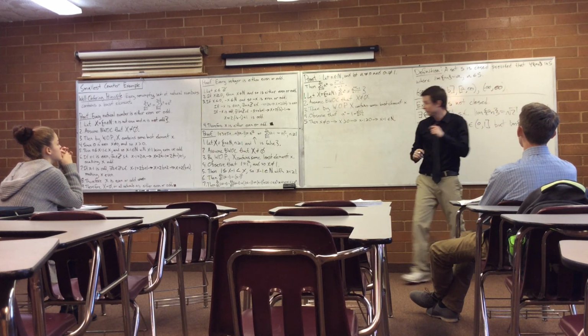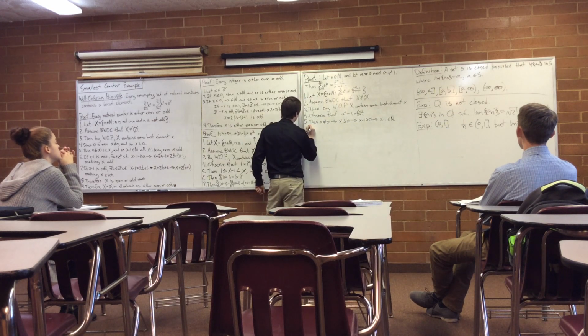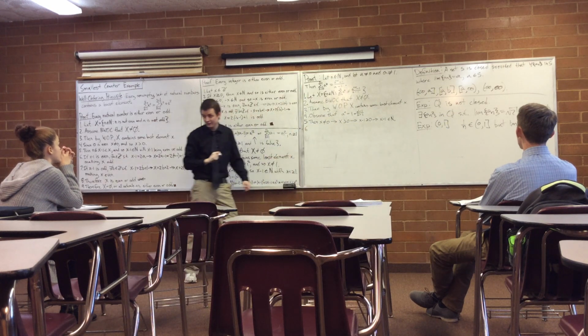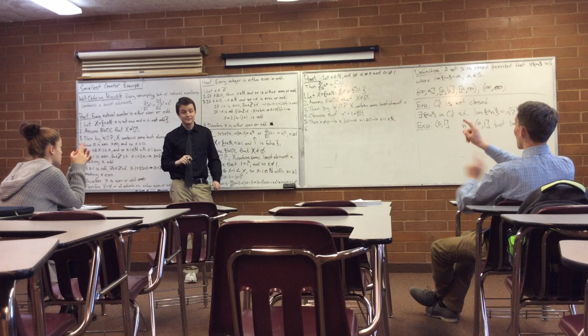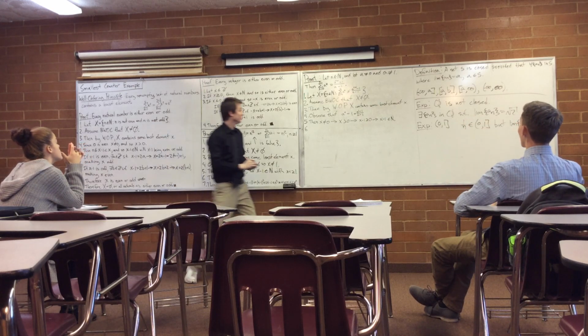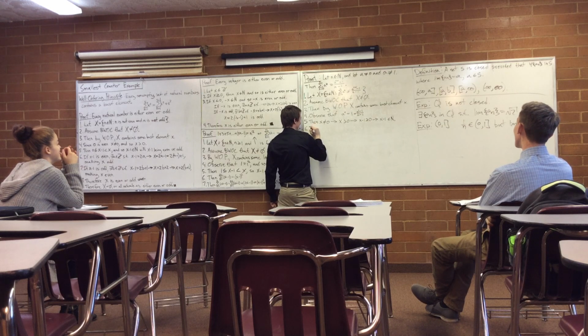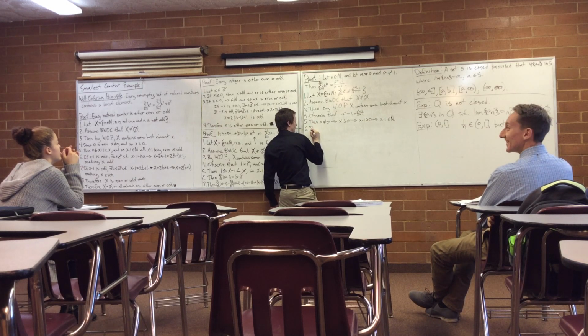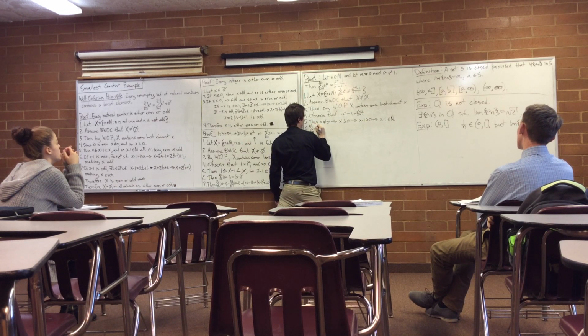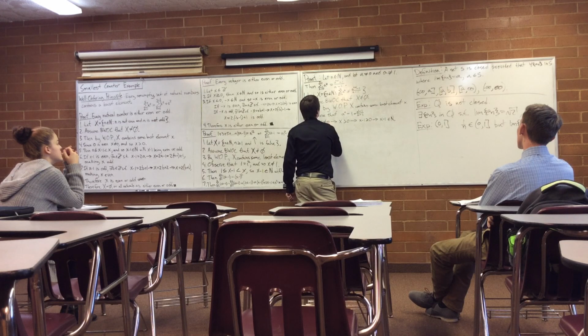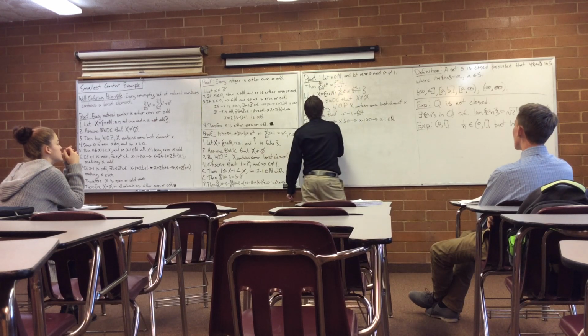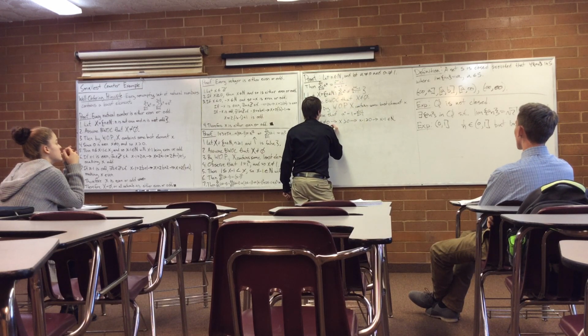What does that tell us? That the statement works for x minus 1. So then, plug it right in. The sum from k equals 0 to x minus 1 of a to the k is equal to a to the x minus 1 plus 1, which is just x, minus 1.